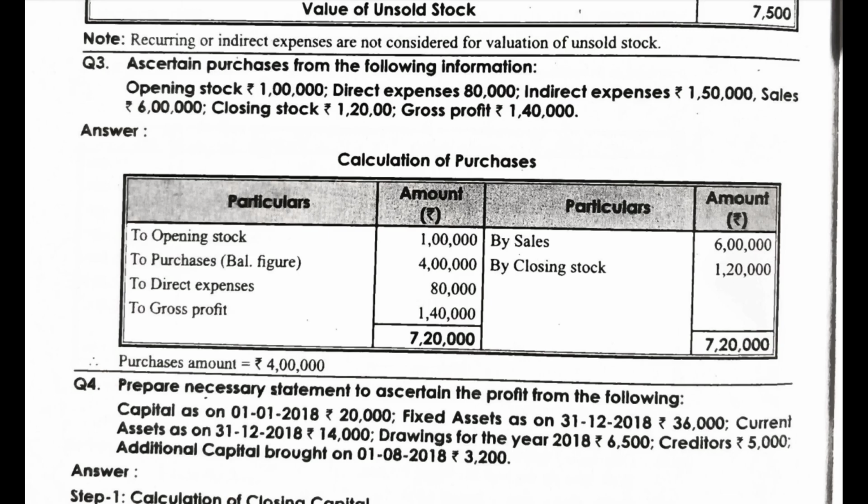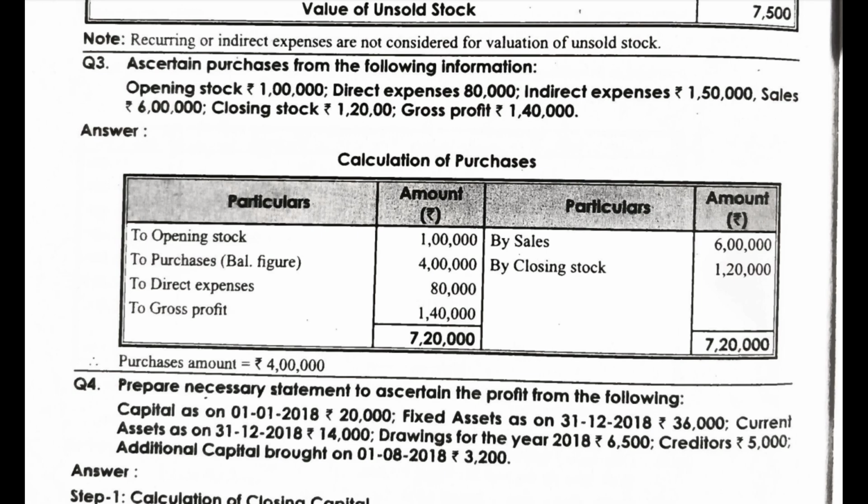Now, trading account means what we will take. First you write down the things. Opening stock we will take, the purchases amount is not there, but till that time just write it down here. Direct expenses will be there, gross profit will be there, and on the credit side we will take by sales amount 6 lakhs rupees, and by closing stock 1 lakh 20,000.